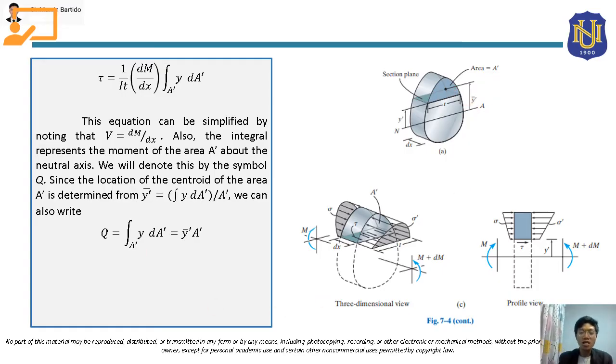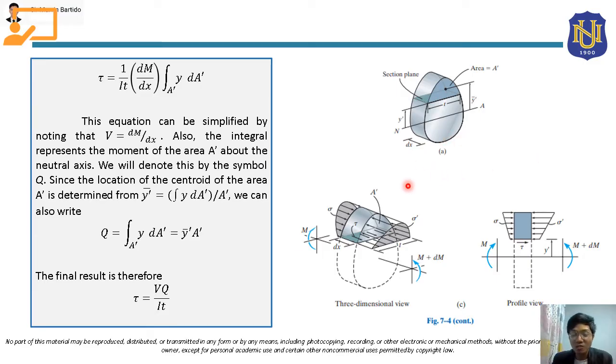From here, class, we can rewrite the formula for shear stress. Our dM over dx is V, and then this is Q, so we write it as Q over I t. This is now the shear formula we use to solve for the shear stress at the point we are considering.